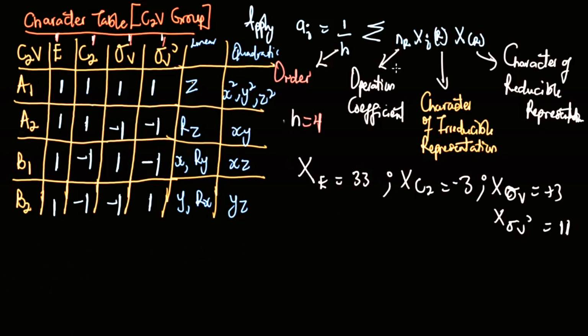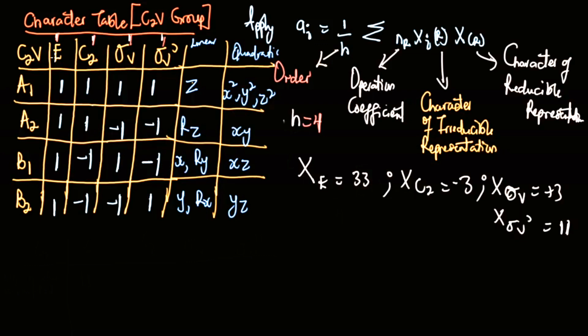So when looking at this equation, NR is the operation coefficient, right? Looking at this, we have that the coefficient is 1 for E, 1 here, and 1 here.